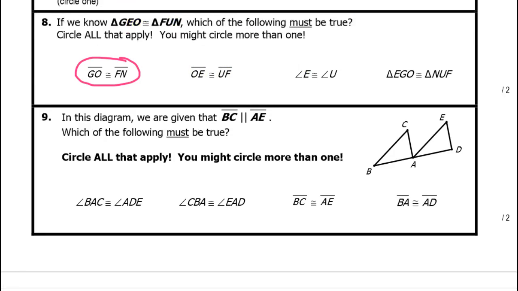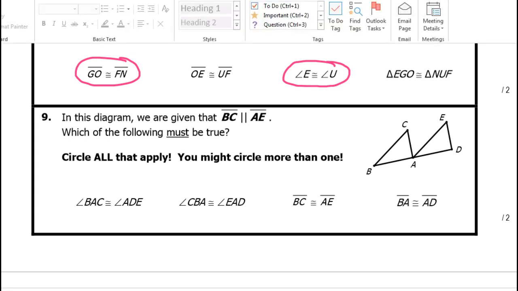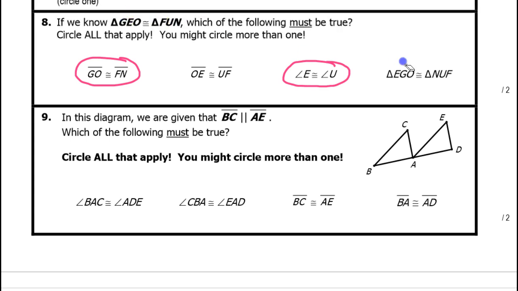Okay, what about angle E? Angle E is congruent to angle U. Okay, so that's true, so we will circle that one. Now, what about triangle EGO?